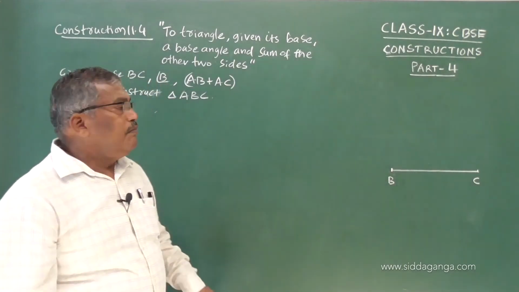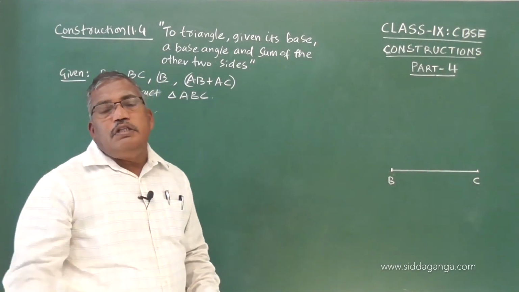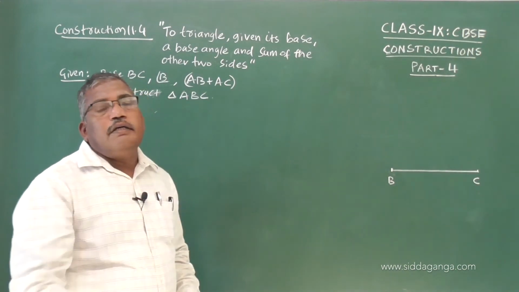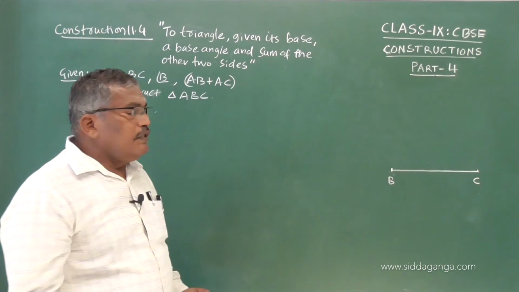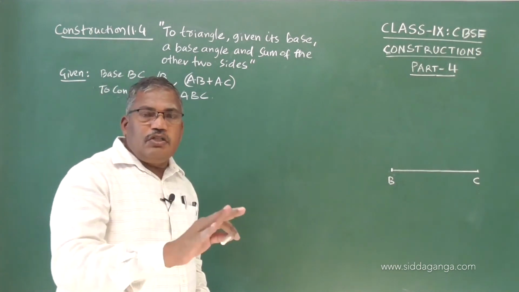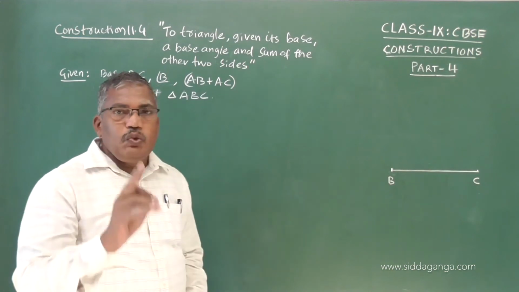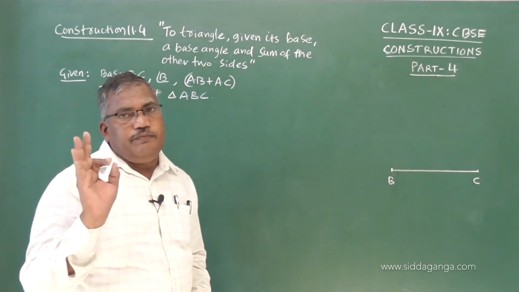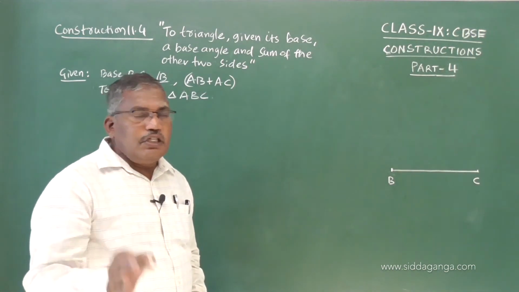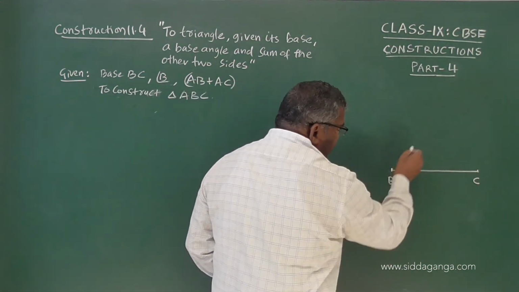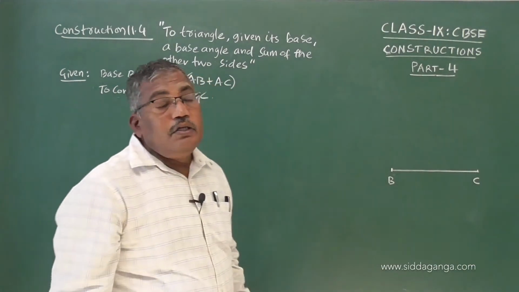Let us presume that B is equal to 60 degree. In such case, you know how to construct 60 degree angle. If it is given 90 degree, you know how to construct a 90 degree angle. Remember, in these problems, use only compass. So, if it is given 30 degree angle, you construct a 60 degree angle, bifurcate it and get a 30 degree angle.